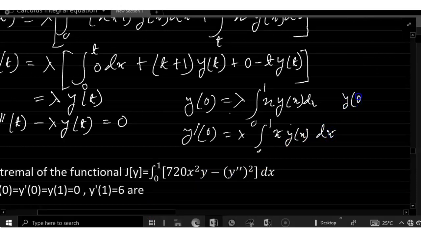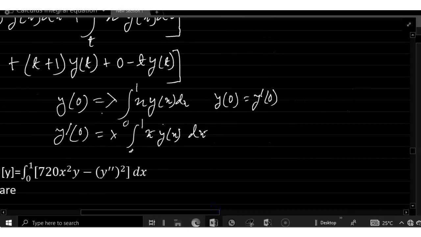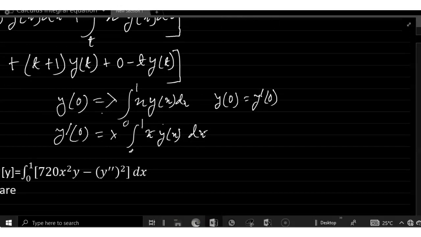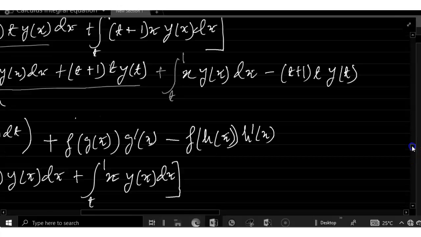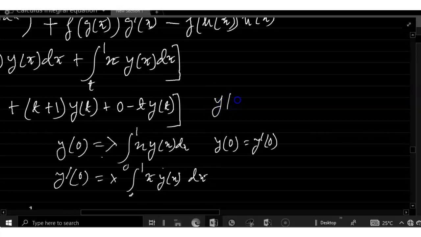So y0 equals y dash 0. Now again we can prove that y1 equals y dash 1 in a similar way. So that means lambda equals 1.